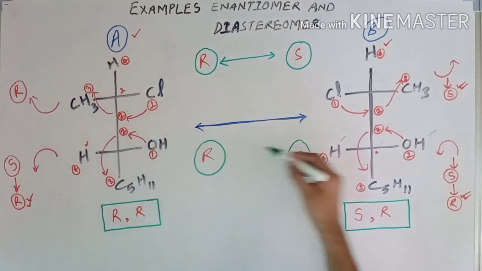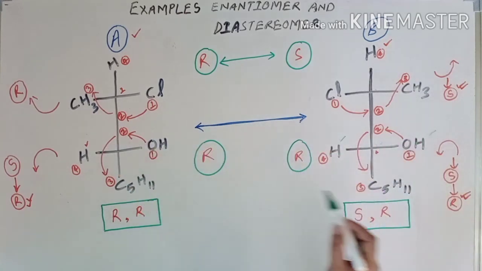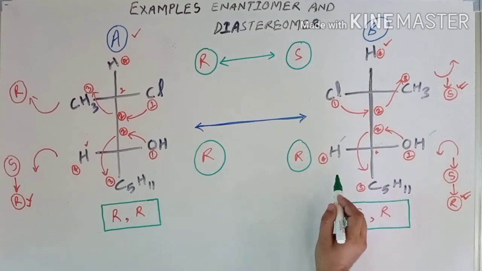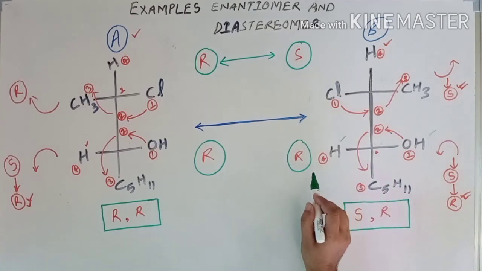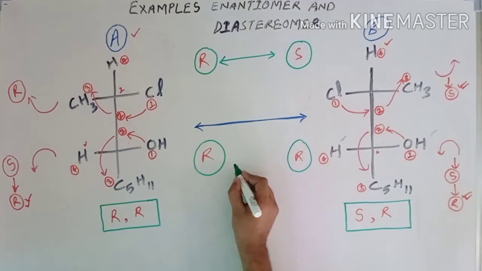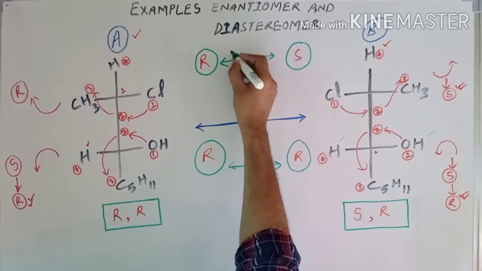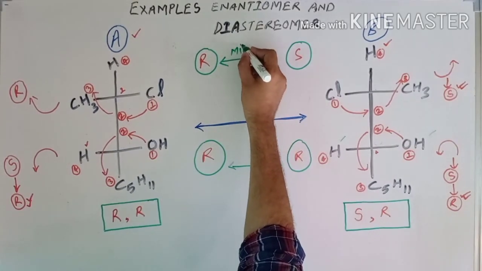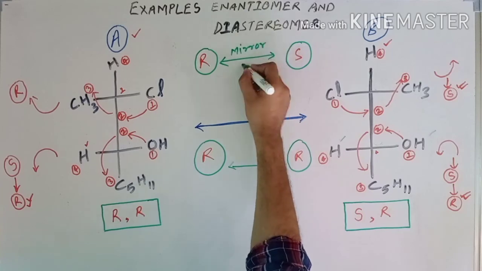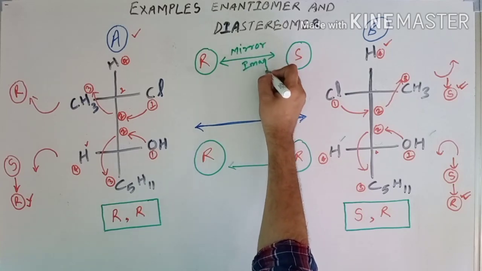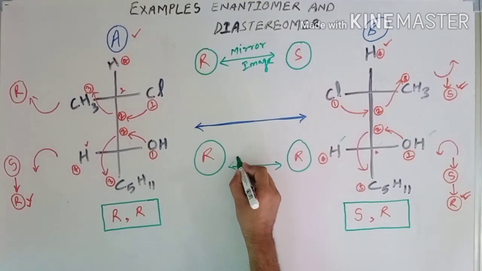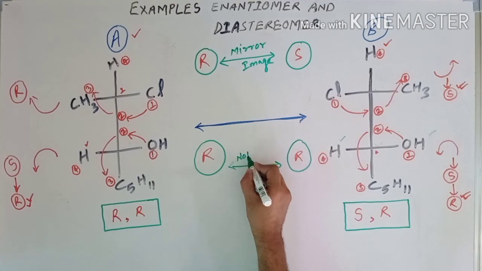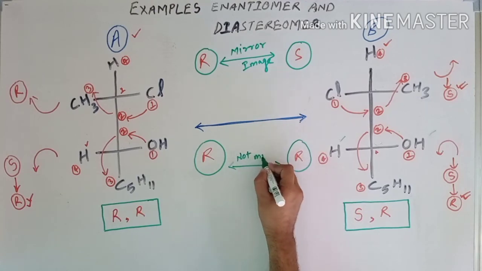Means this lower portion or second carbon of both these two molecules is not a mirror image. This is mirror image. But both these molecules' second position carbon is not mirror image.